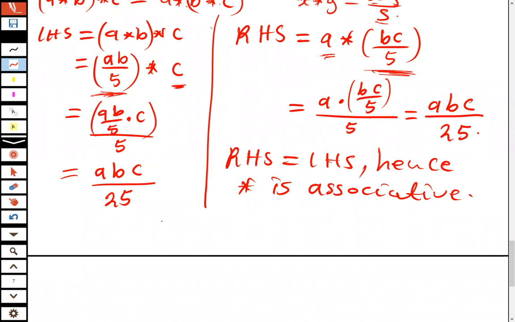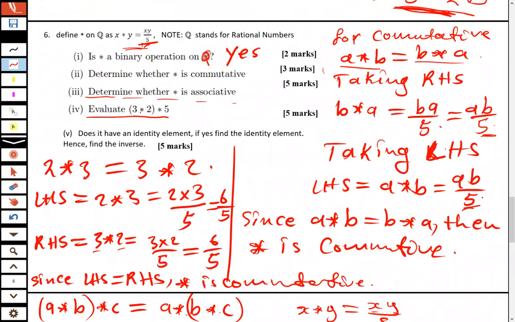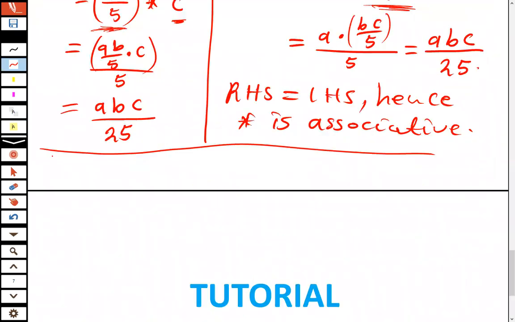So we move on to the second last part. This one: evaluate 3 star 2 star 5, using that same expression. So we know that x star y is equal to xy over 5.